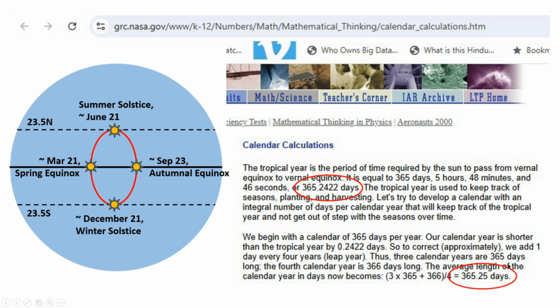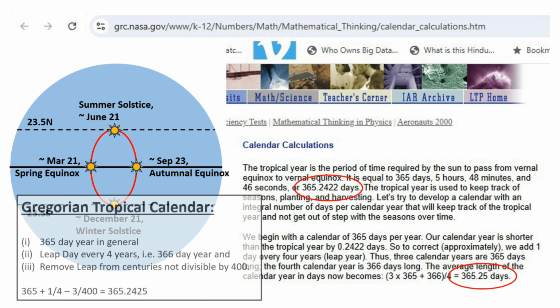During the times of Julius Caesar, the 365-day calendar was improved to 365.25 days. There were normally 365 days, and every 4 years there was a 366-day year with one leap day. So that became 365.25. Even that was not enough. It was causing seasonal shifts, because the accurate value is 365.2422.